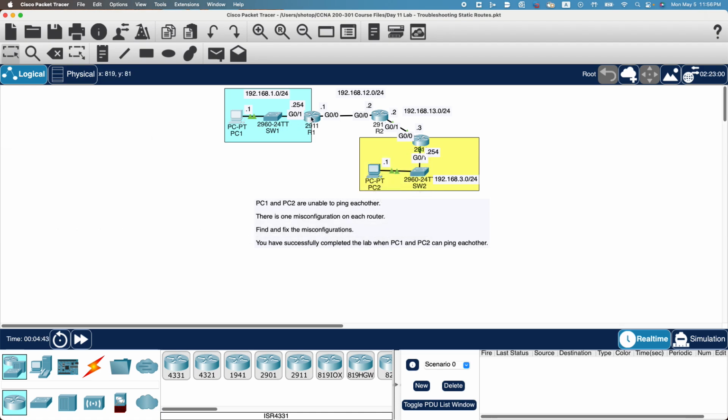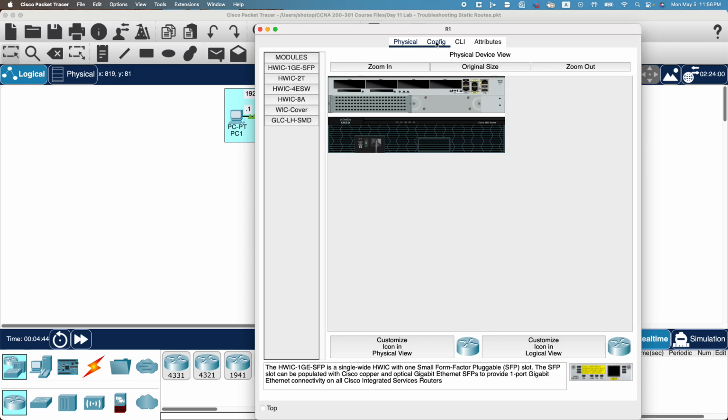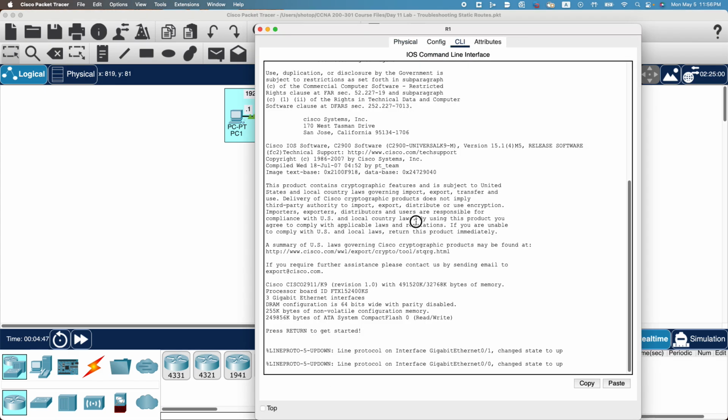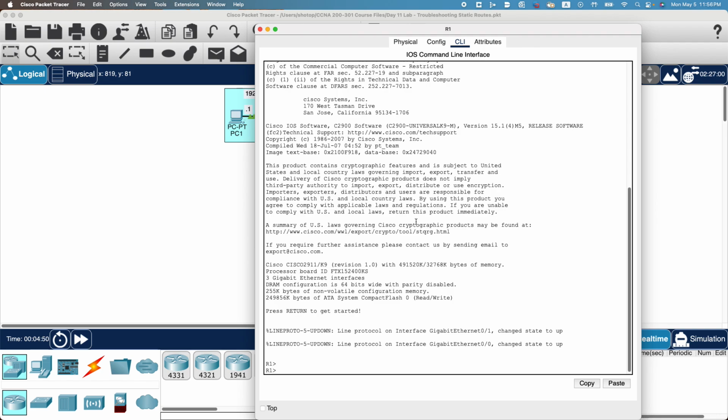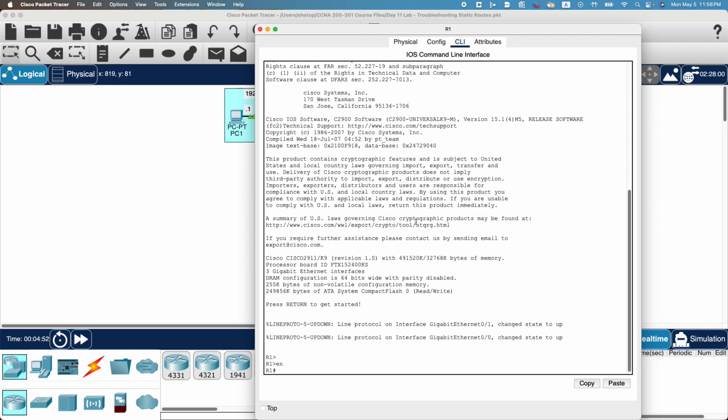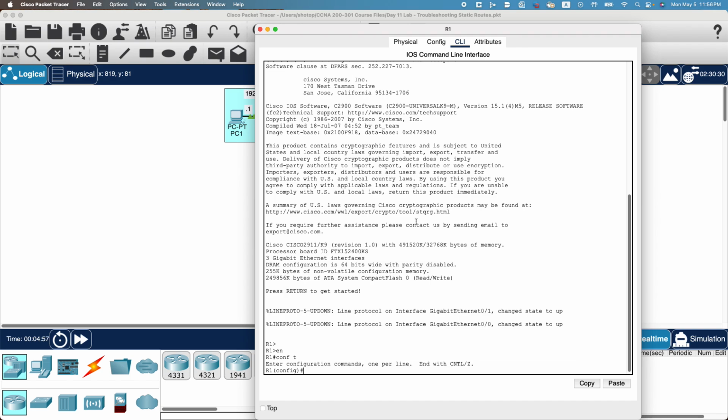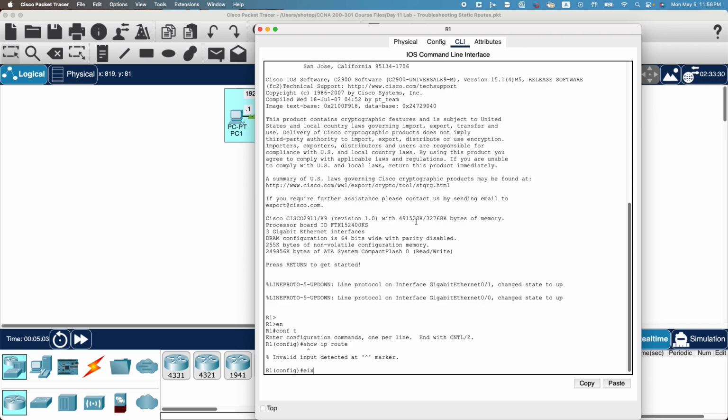I'm going to go on to the CLI of router 1, and I'm going to say enable, and then conf t, and I will go show ip route to look at the routing table. I always make this mistake, I always go too far.